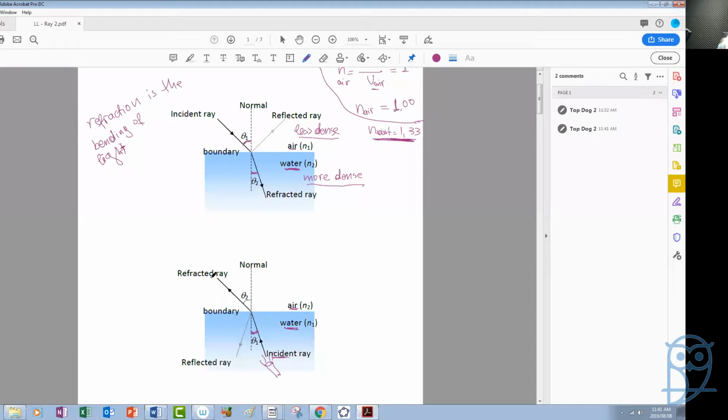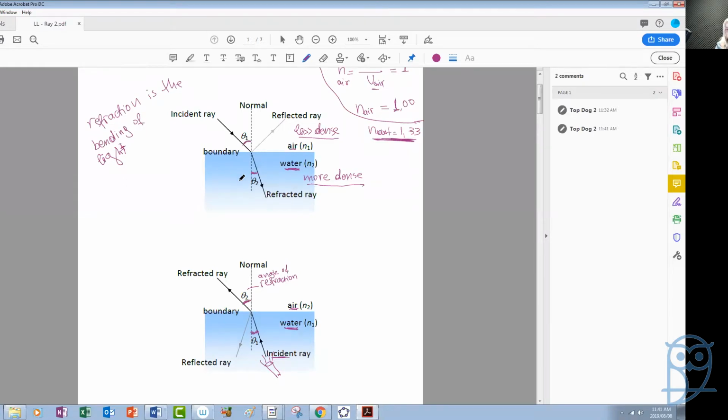And this is the refracted ray that has moved away from the normal, and therefore the angle of refraction is bigger than the angle of incidence, because light moved from an optically more dense medium to an optically less dense medium. So in this case, we have the light bending away from the normal. In both cases, we see the phenomenon of refraction.